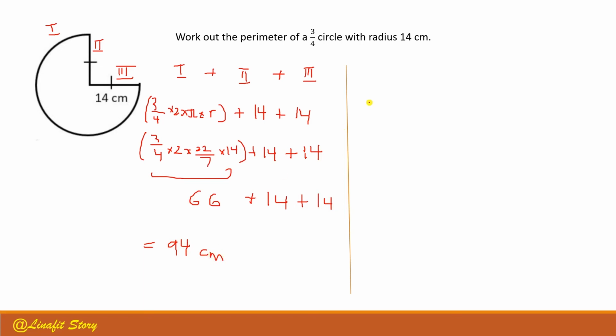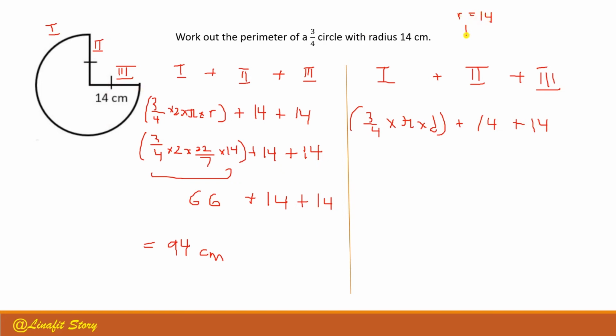Another method to solve this is we should find the length of number 1 plus the length of number 2 plus the length of number 3. To find the length of number 1 is 3 out of 4 times pi times diameter plus the length of number 2 and 3, 14 plus 14. The radius is 14.